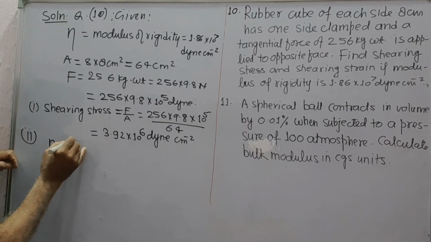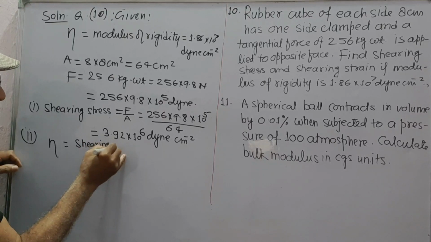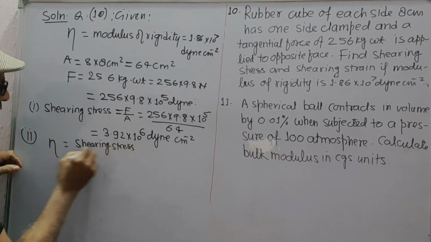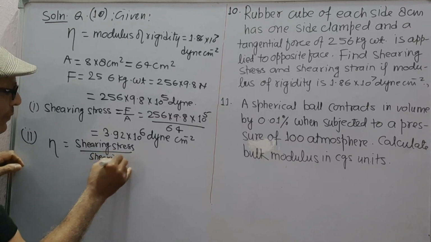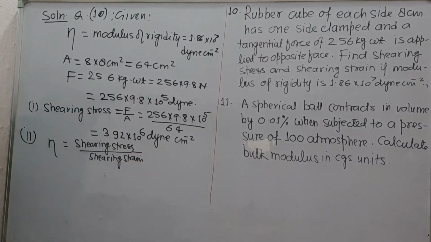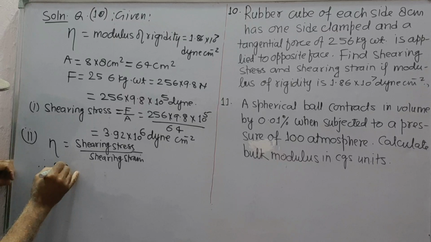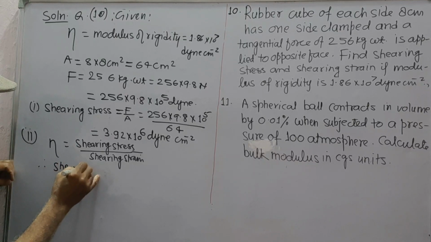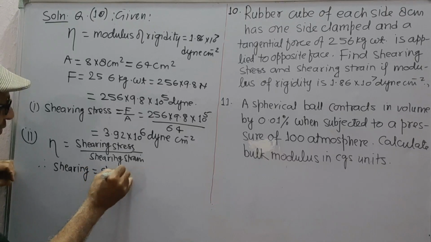Second, eta is equal to shearing stress upon shearing strain. Therefore, shearing strain will be equal to shearing stress divided by eta.